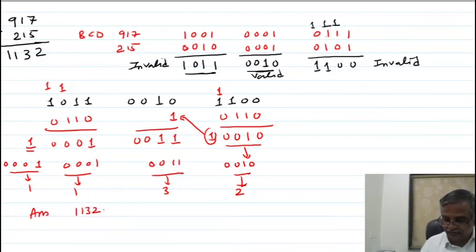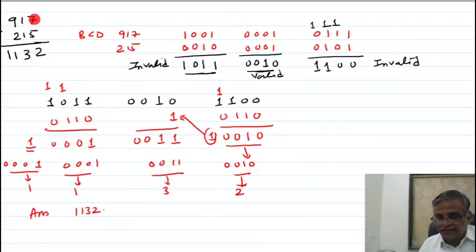Look here. I want to add 917 plus 215. I have written the BCD of each decimal number. You know, one decimal digit requires 4 bit binary. So n decimal digits require 4n bit binary.